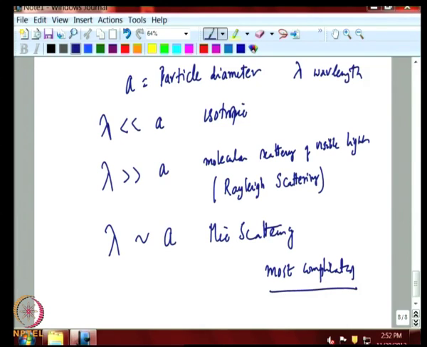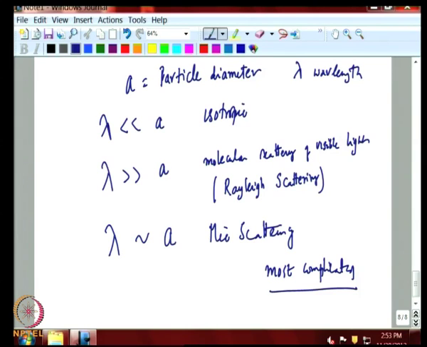Until the advent of the computer era, this problem was not easily handled at all. And today, of course, because of the available computers, you can handle Mie scattering quite easily. It involves a lot of calculations, but these calculations are fairly straightforward.